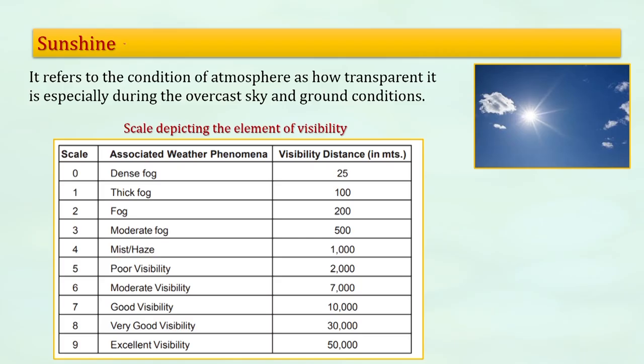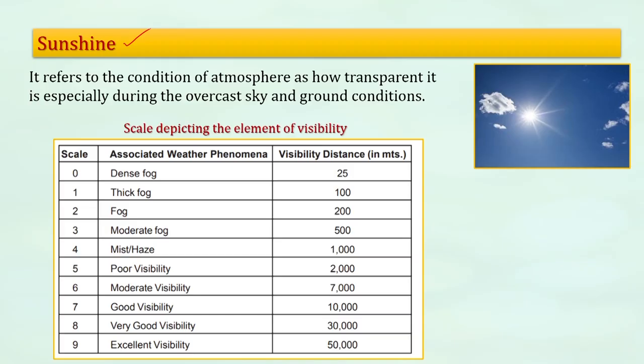Next, about sunshine. I mean sunlight, we are all experiencing sunlight, right. In the morning, if you look at the sun, you will be feeling good, right. Sun rays will be slanting, but during noon time, around 12 o'clock, you can experience the sun rays vertically, right.